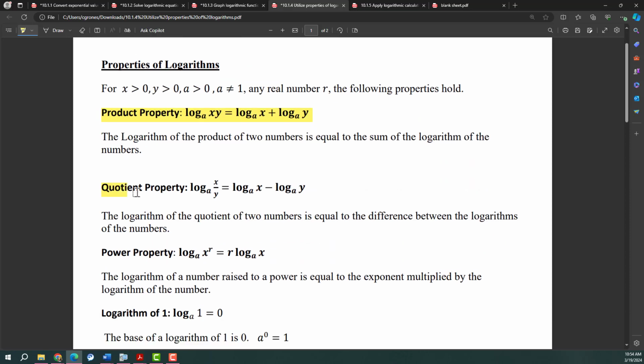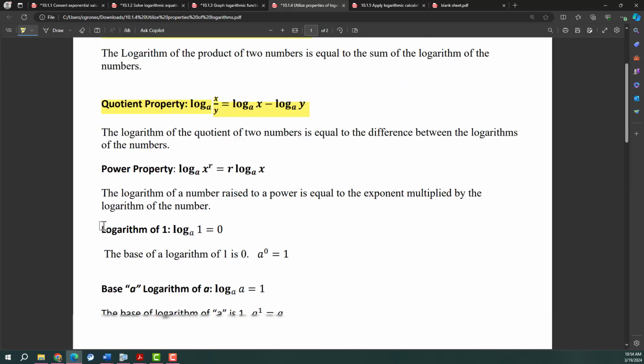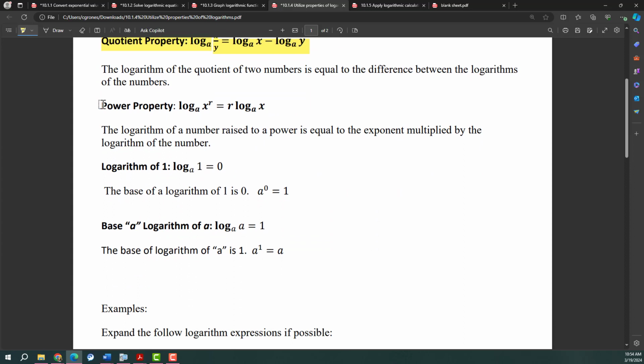The quotient property, so whenever you have x divided by y, you're going to subtract. The power property, so when you have log of a times x to the power of r, the r is going to go in front. So r times log of a times x.